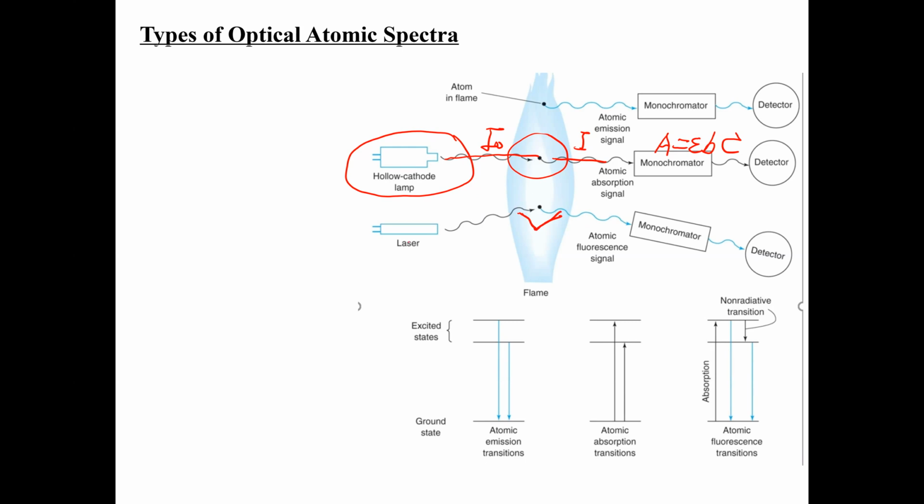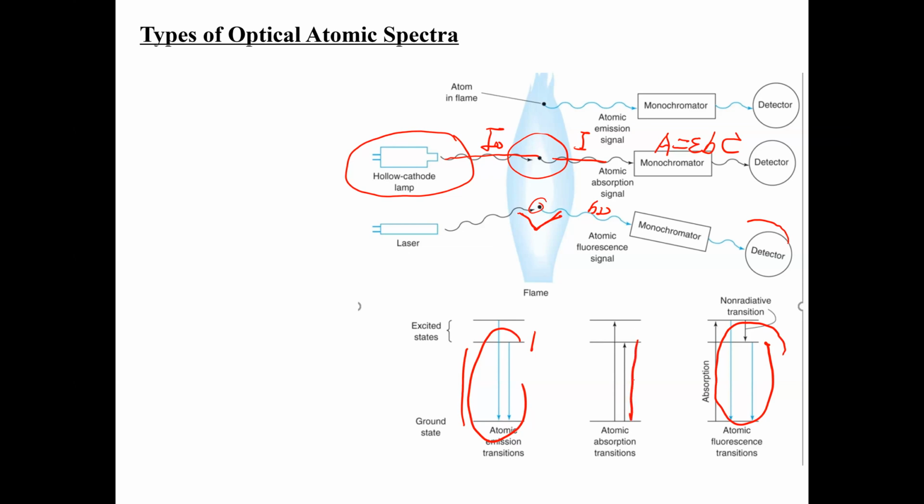And you got a laser, you excite the atom, and then the atom jumps back and releases another light, but in a different direction, and you detect that. That's fluorescence. This is what happens for fluorescence. And the first one is absorption, and you directly check how much energy they absorbed.